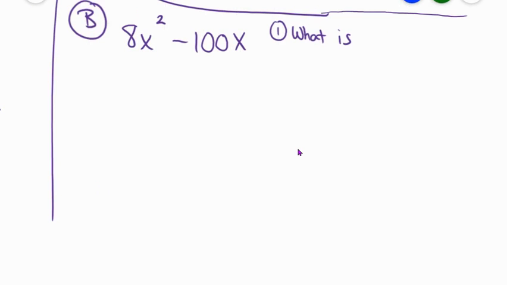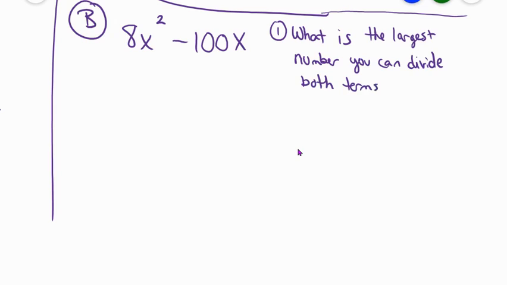To figure that out, you basically ask yourself, what is the largest number you can divide both terms by? If you look at your 8 and your 100, what is the largest number we could divide both 8 and 100 by?